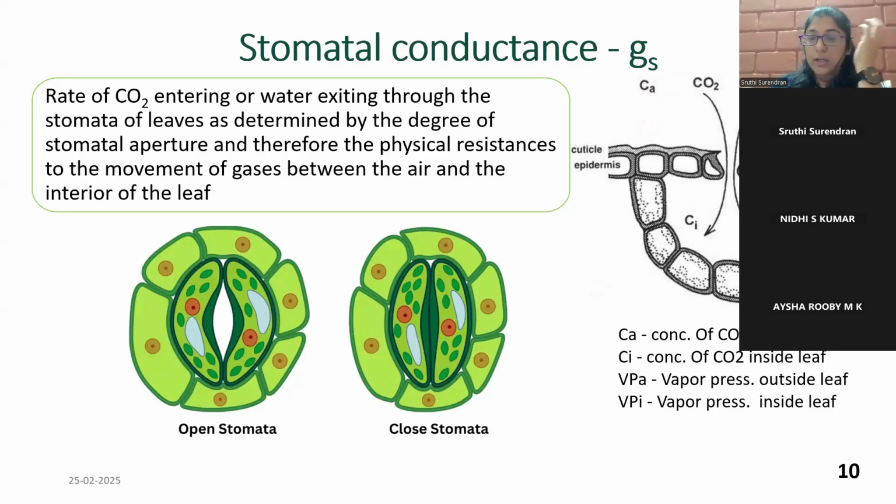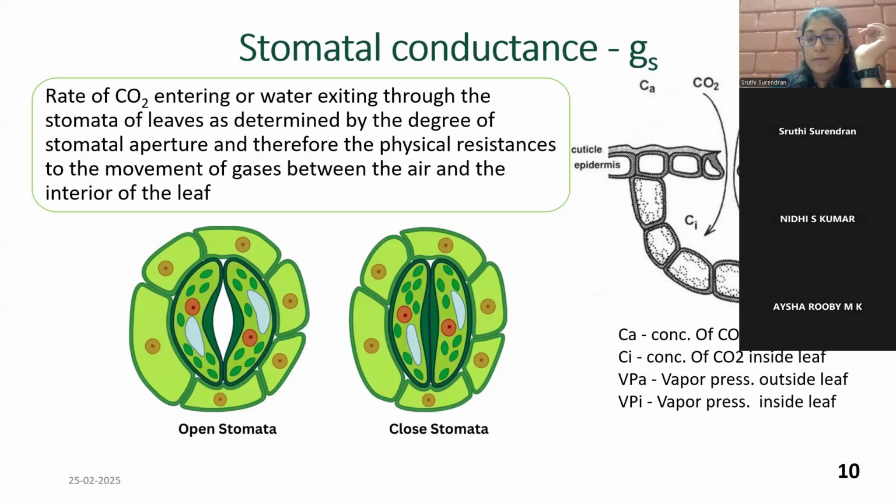And in case of water, this VPa indicates the vapor pressure of water in the atmosphere, and VPi indicates the vapor pressure of water within the leaves. The driving force for transpiration is the vapor pressure deficit.